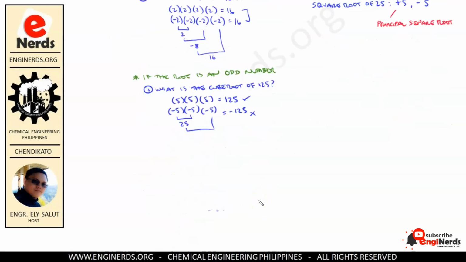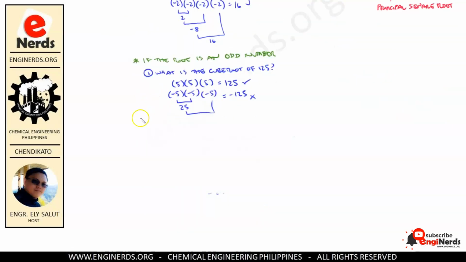So, let's try again. Let's say, what is the cube root of negative 27? So, if you multiply 3 by itself, you will have 3 times 3 is equal to 9 times 3 is equal to 27. But we're looking for negative 27, so this can't be the answer.